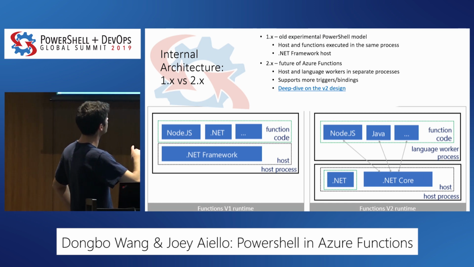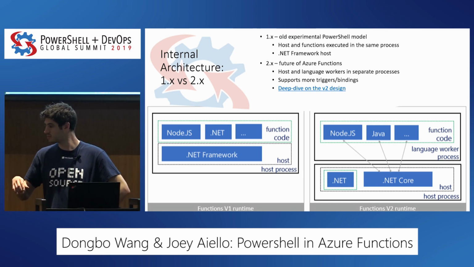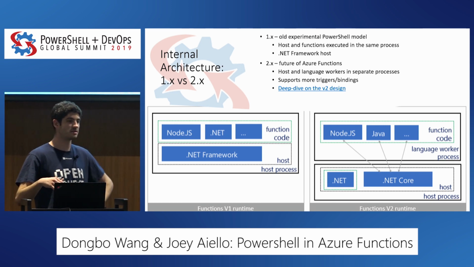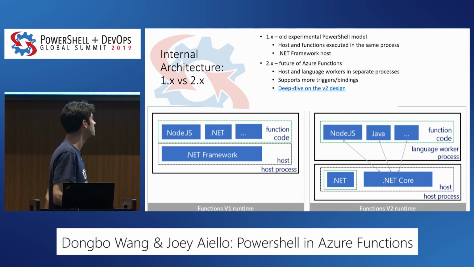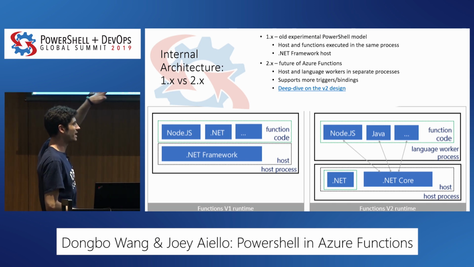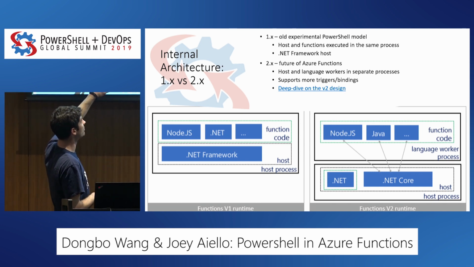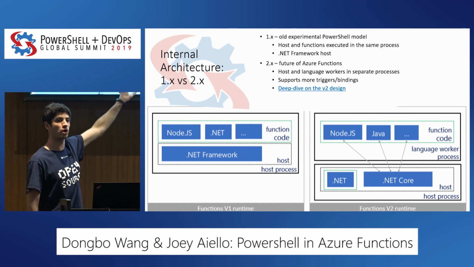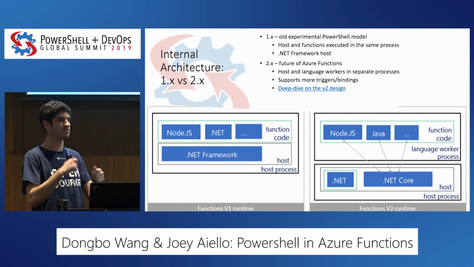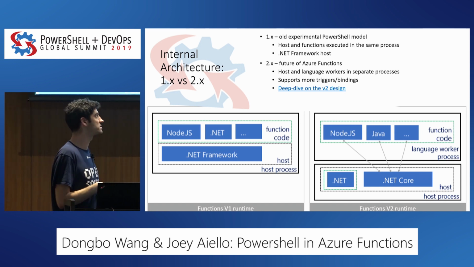So just going through this real quick. This is basically the differential between the old and the new architecture of the 1.x. Dongbo alluded to this. I'm gonna gloss over this because we're running low on time. Basically everything was .NET Framework based in v1, and the host and worker were in the same process, which allowed them to share more live objects.